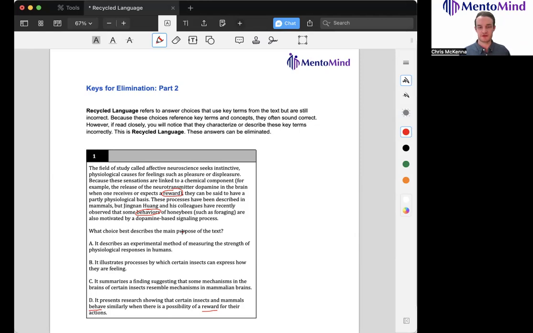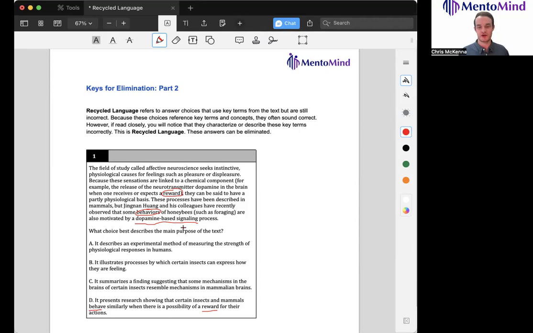And the same holds true for this concept of reward. We have some, and a pretty strong implication, that expectation of reward and dopamine-based signaling is associated with foraging in insects, and specifically honeybees. But we actually have no discussion of any like behavior in humans.